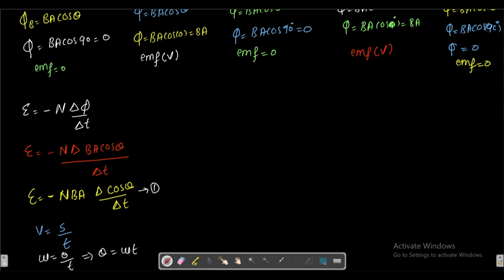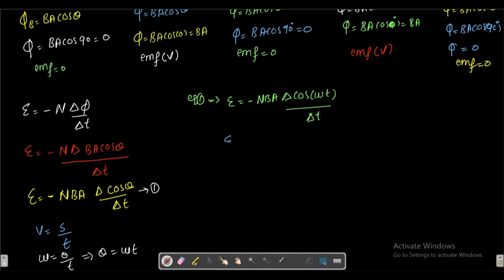So equation 1 becomes this. Equation 1 implies that EMF is equal to minus N B A del cos of omega t, instead of theta we put omega t, divided by del t. Here the differentiation of cos theta will give us sin theta.